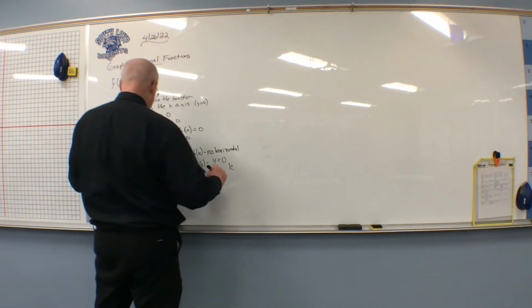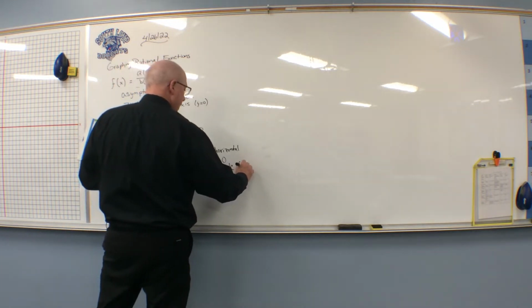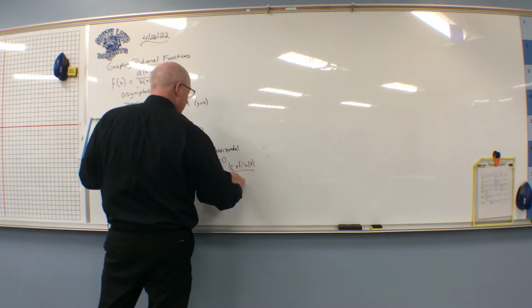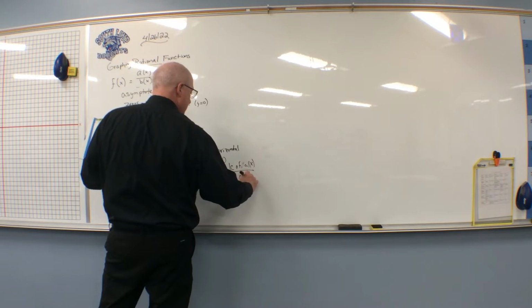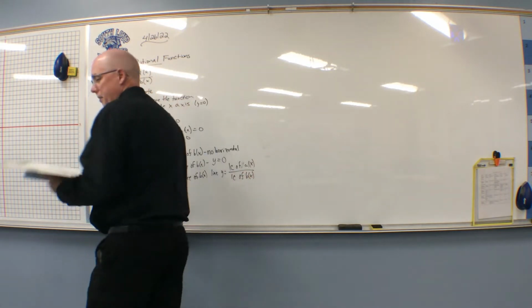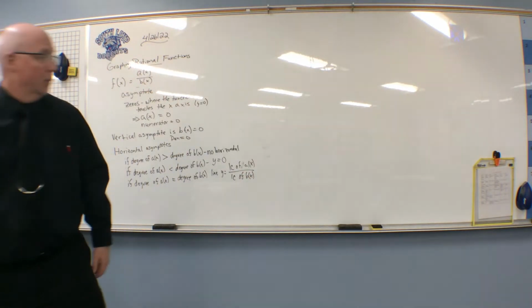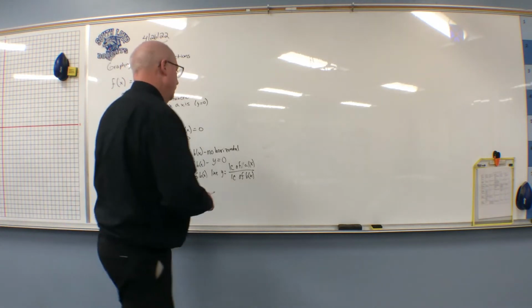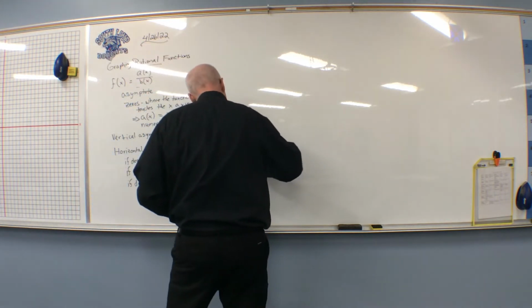The leading coefficient of a of x, the top, over the leading coefficient of b of x. I'll erase that and write it better. And I'll go through each one of these, so don't panic. If you're going, I have no idea what he's talking about.